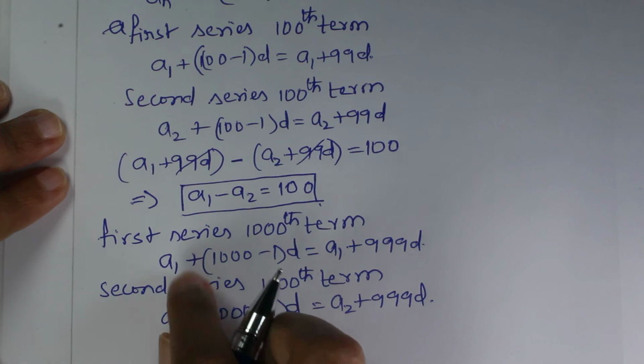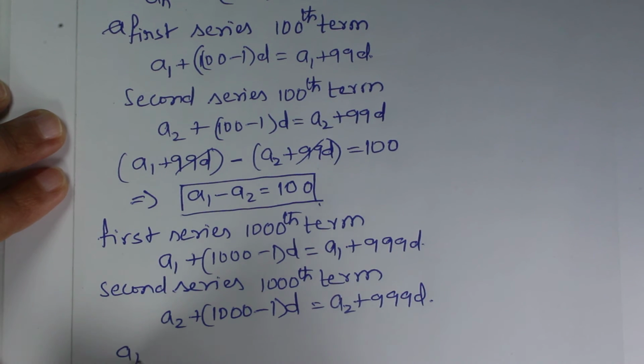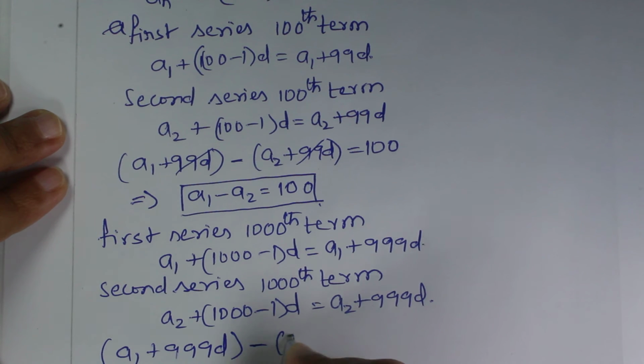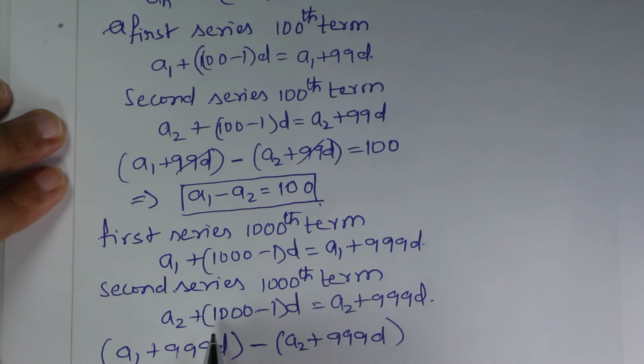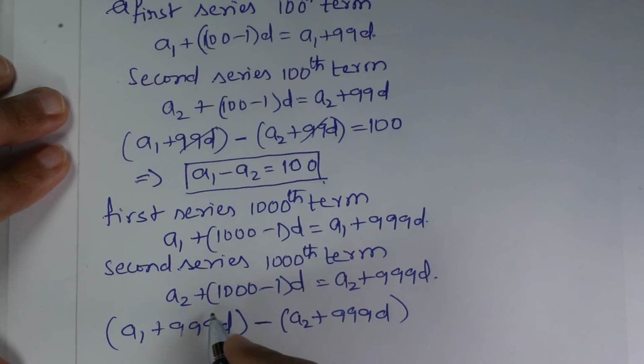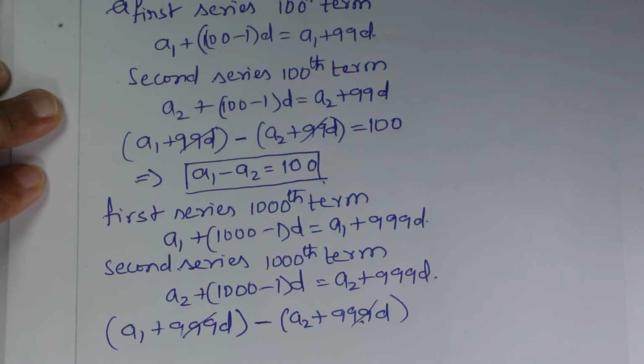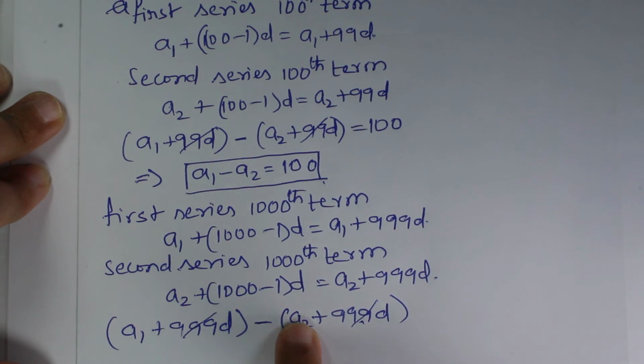Now the difference between the 1000th terms becomes A1 plus 999d minus A2 plus 999d. Here also the 999d gets cancelled in both the terms. Now the answer becomes A1 minus A2.